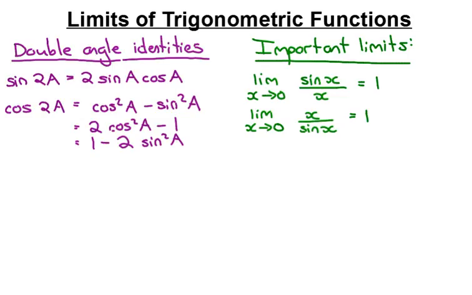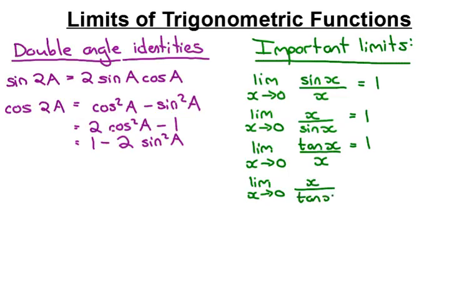Then we've got the limit as x tends towards 0 of tan x over x is 1. And flip that around as well, the limit as x tends towards 0 of x over tan x is 1. So these are very important limits that we're going to use.